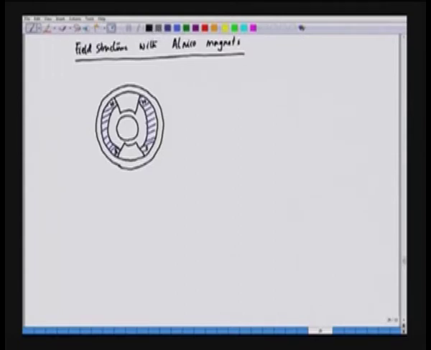And this is the pole shoe, which is made up of soft iron, and this part is the rotor.